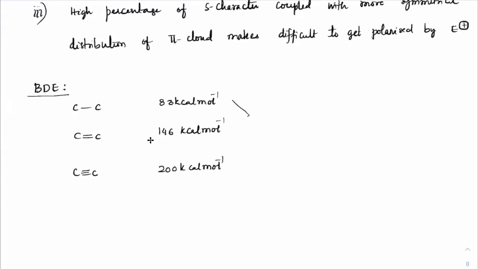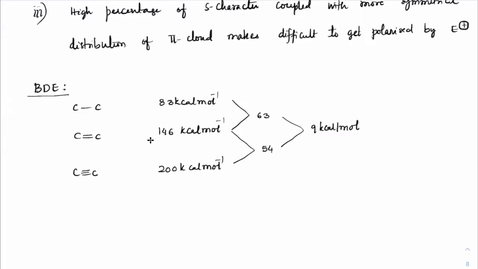See the difference in the energies between 83 and 146. The difference is around 63 kilocalories. Got it? While the difference between the other two is 54 kilocalories. So you can see there is a difference of around 9 kilocalories per mole.